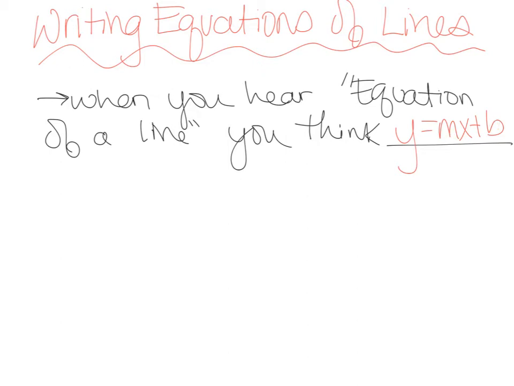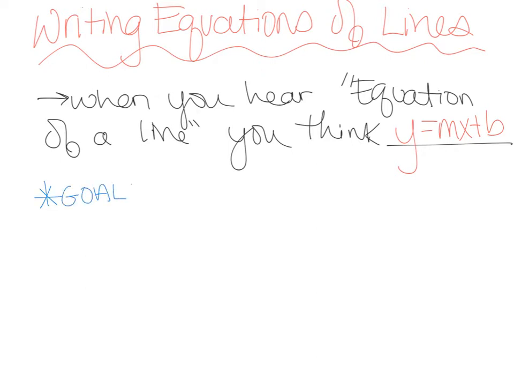Out of those 4 variables, what are the only 2 variables that change to numbers? The variables that change to numbers are M and B. M and B are the only numbers in y equals mx plus b that are ever going to end up as numbers.